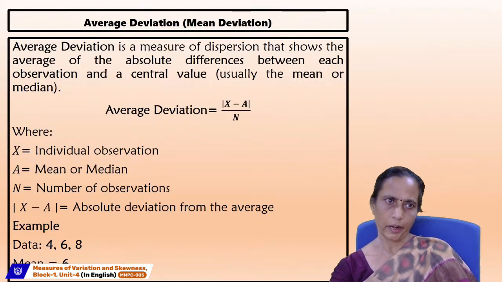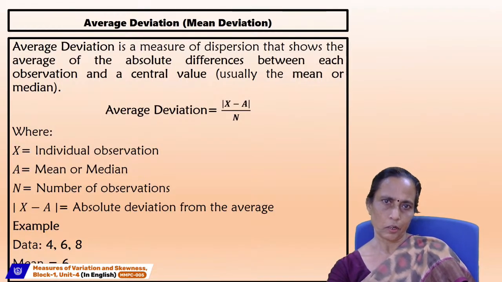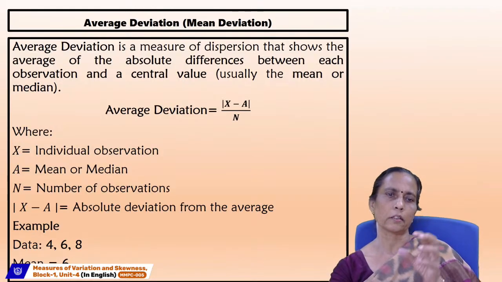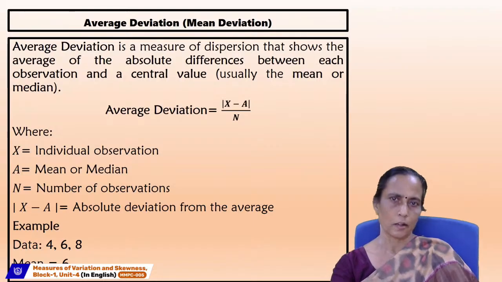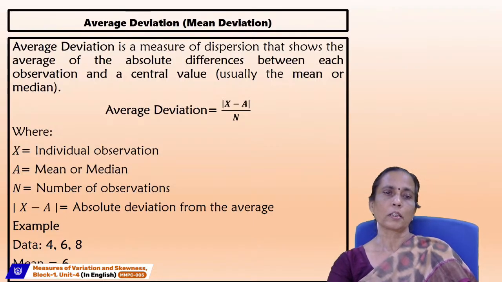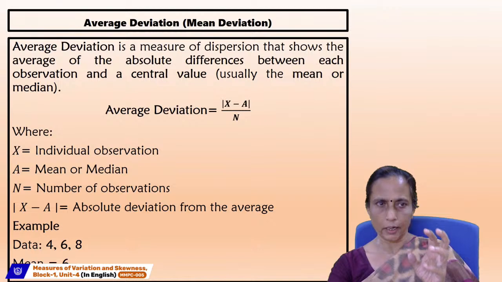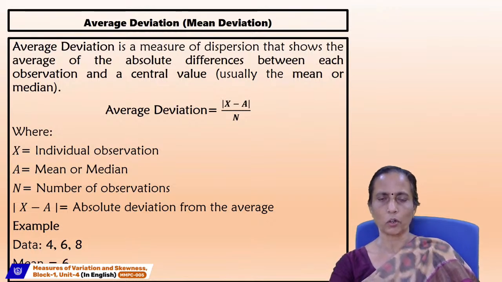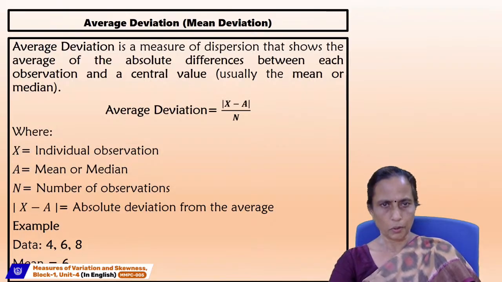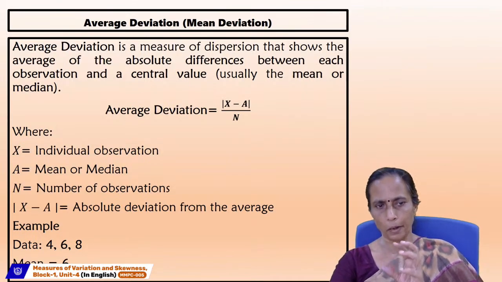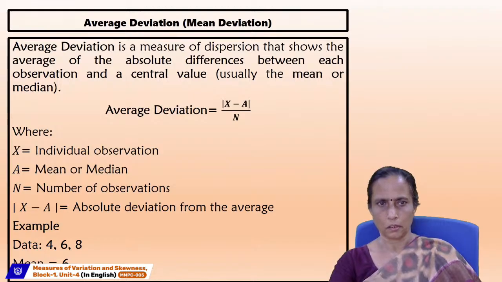Next, again, average deviation, otherwise called mean deviation. It is one of the absolute measures of dispersion. It is the average of the absolute differences between each observation and a central value. Usually that central value may be the mean or median.